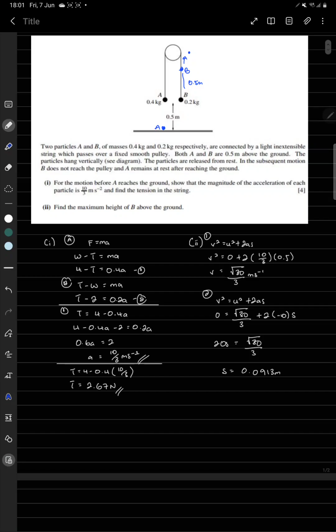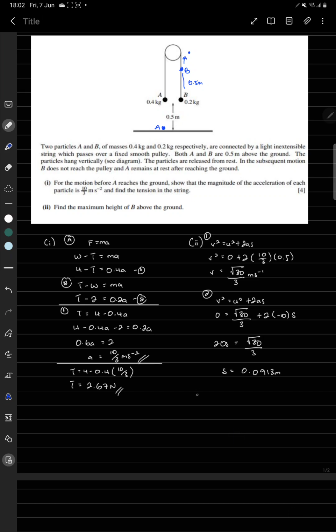Now, the question is asking for the maximum height of B above ground. Initially B is already 0.5 meters above ground. After A has traveled down 0.5 meters, B travels up another 0.5 meters. But B doesn't stop after the additional 0.5 meters. B is going to go in a free fall motion just for a bit, and that is where we want to find our extra maximum height.